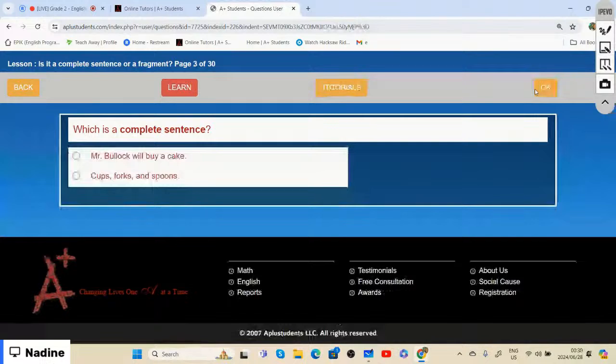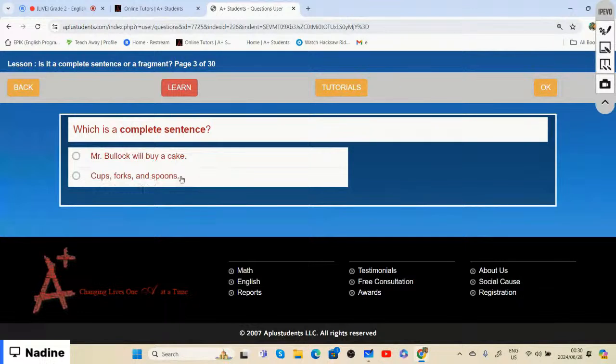All right, we need to say which one is a complete sentence again. Remember, it has a subject and it has a verb, right? Is it option one, Mr. Bullock will buy a cake, or option two, cups, forks, and spoons?